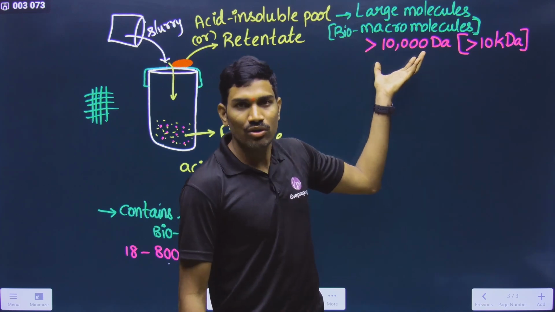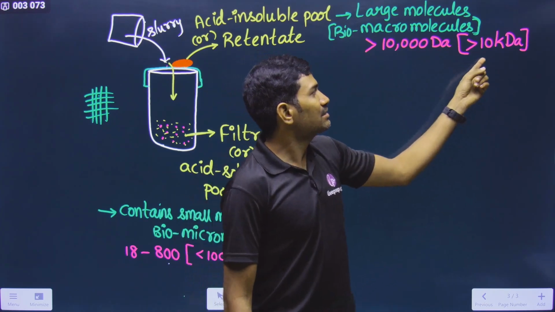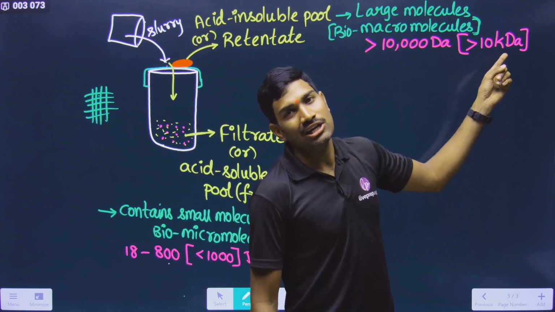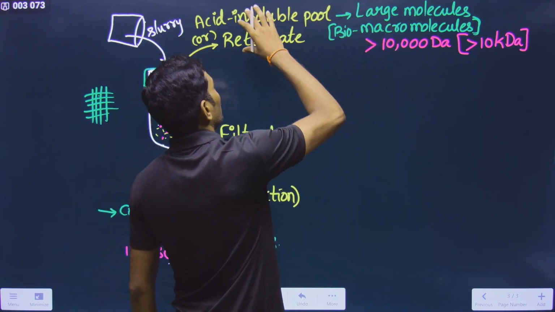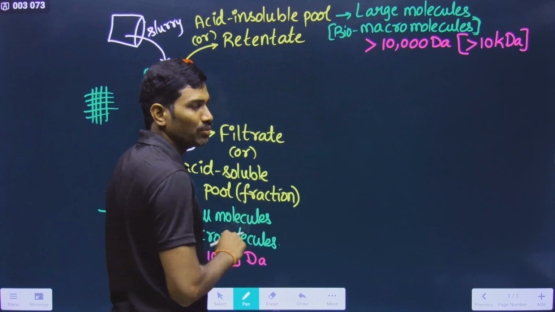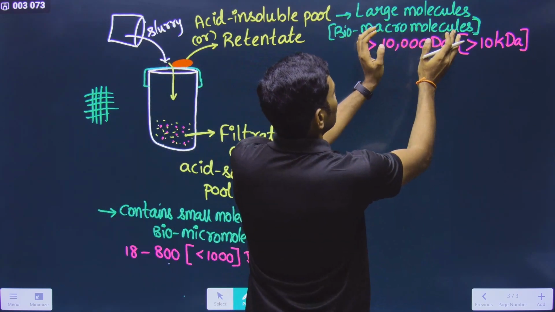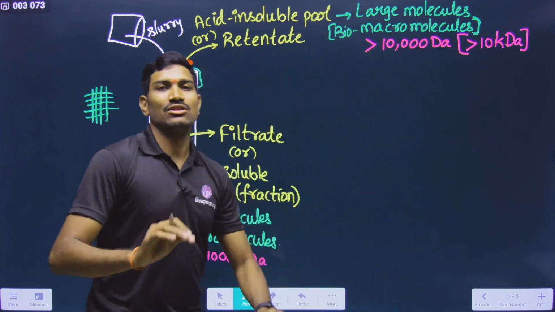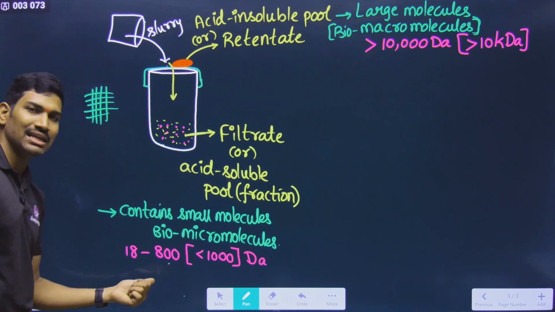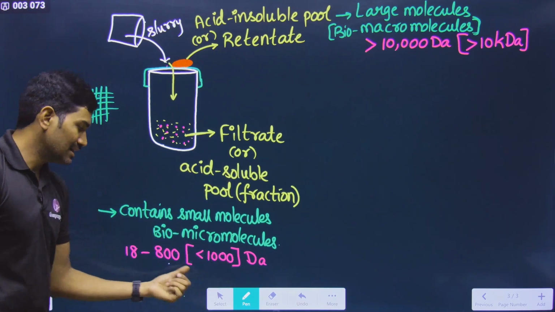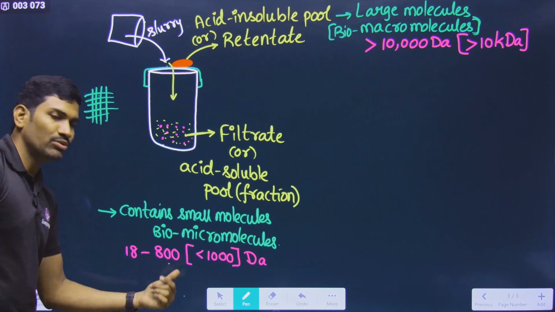Both are the same. So in the retentate or acid insoluble pool, the majority of molecules have a size of more than 10,000 Daltons, and the acid soluble pool has a size of less than 1000 Daltons, generally in the range of 18 to 800.